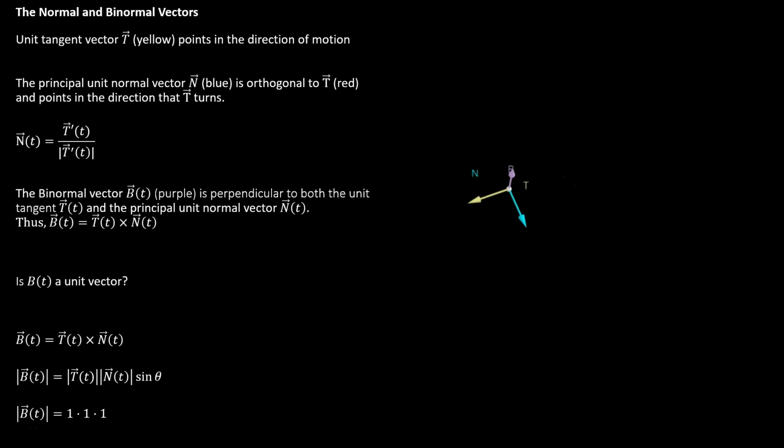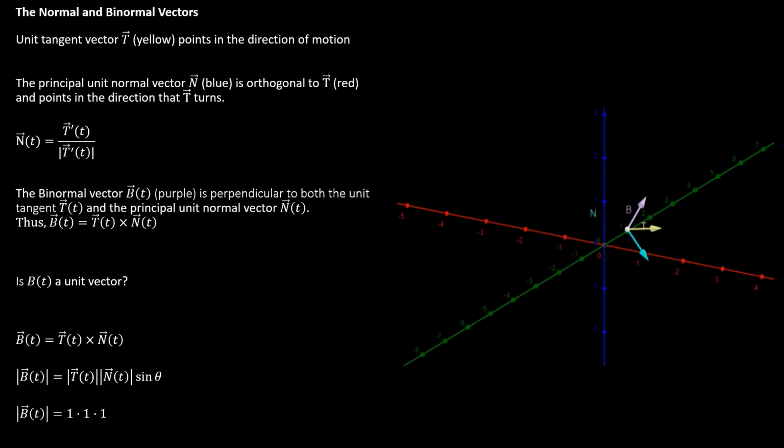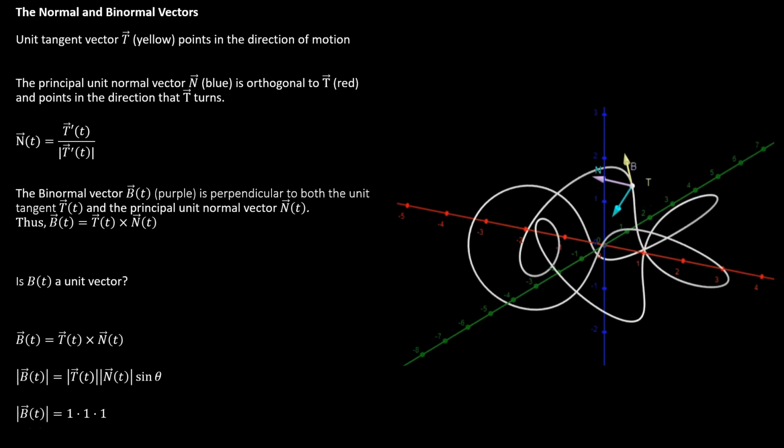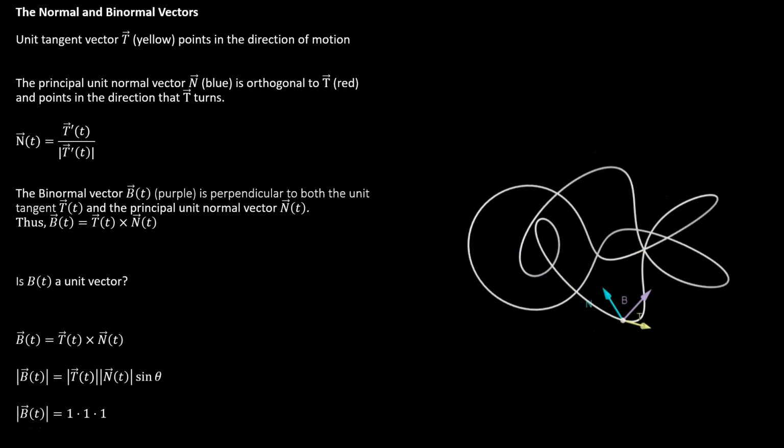Now T is a unit tangent vector, N is a principal unit normal vector. But what about B? If we're crossing those two together, is B also a unit vector? Well, it turns out it is. Remember that the magnitude of a cross product can be interpreted as the magnitude of each of the vectors you're crossing times the sine of the angle between them.